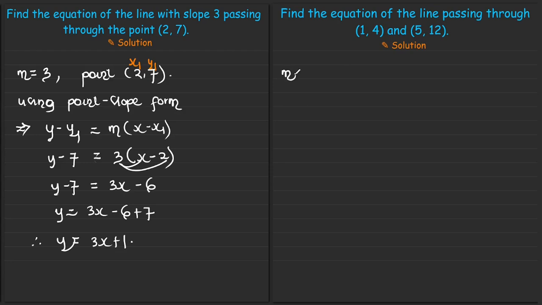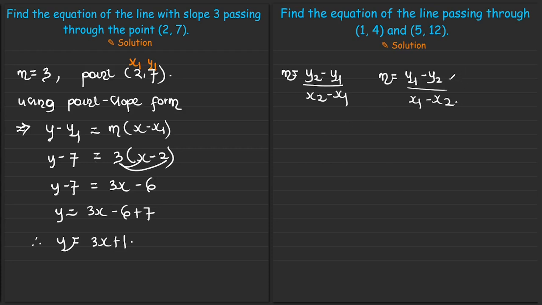So we know the gradient is y2 minus y1 all over x2 minus x1. Or you could have also used m equals y1 minus y2 all over x1 minus x2. The most important thing is you stick to consistency.